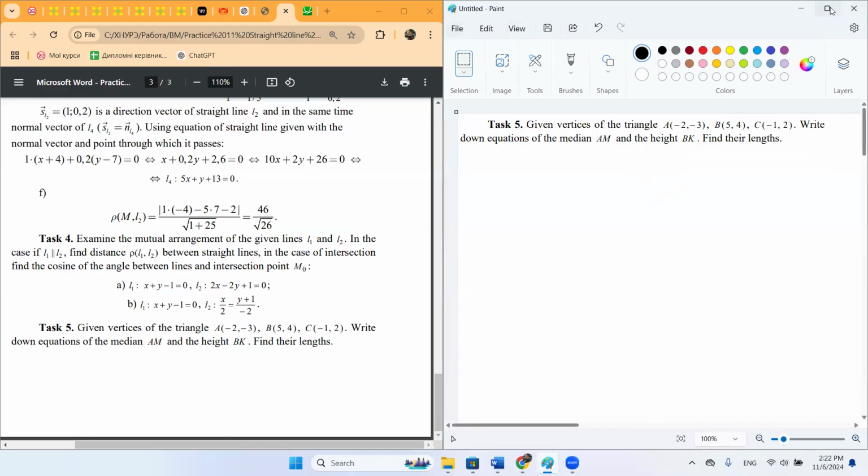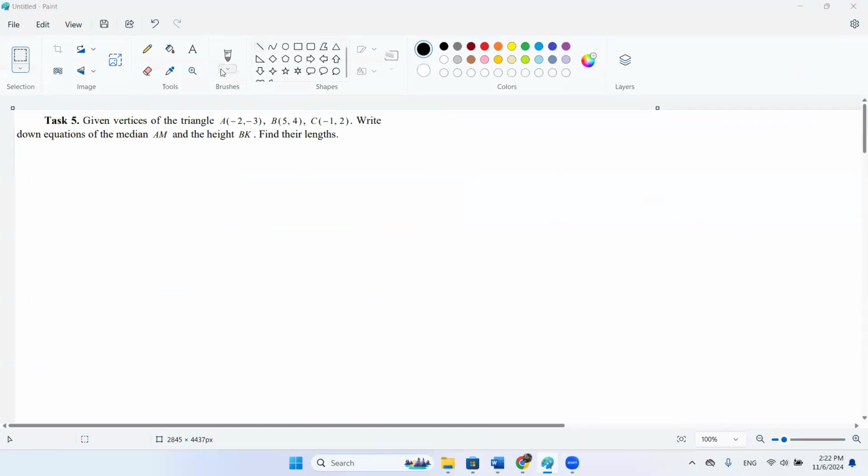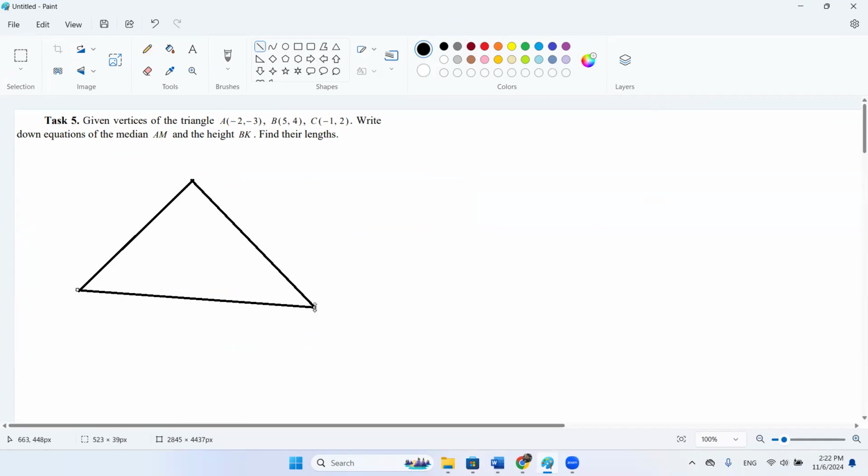For our convenience, let's first draw the triangle. It is any triangle, we don't know its appearance. A, B, and C.